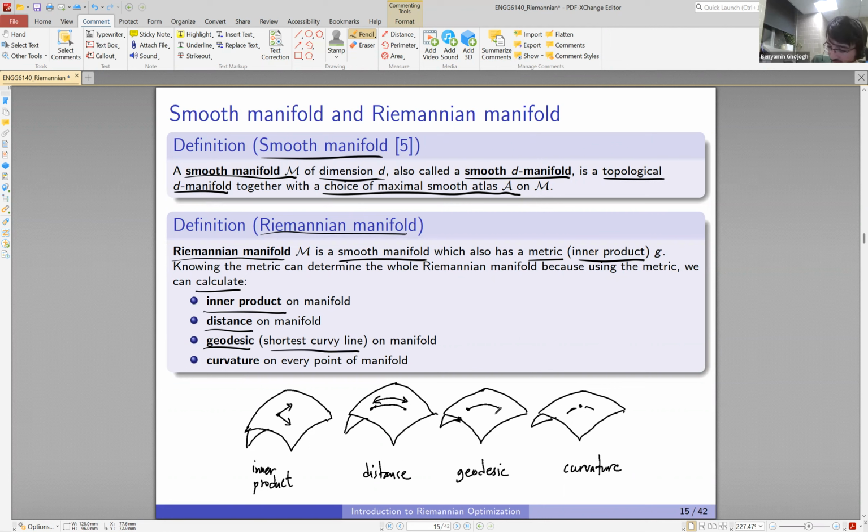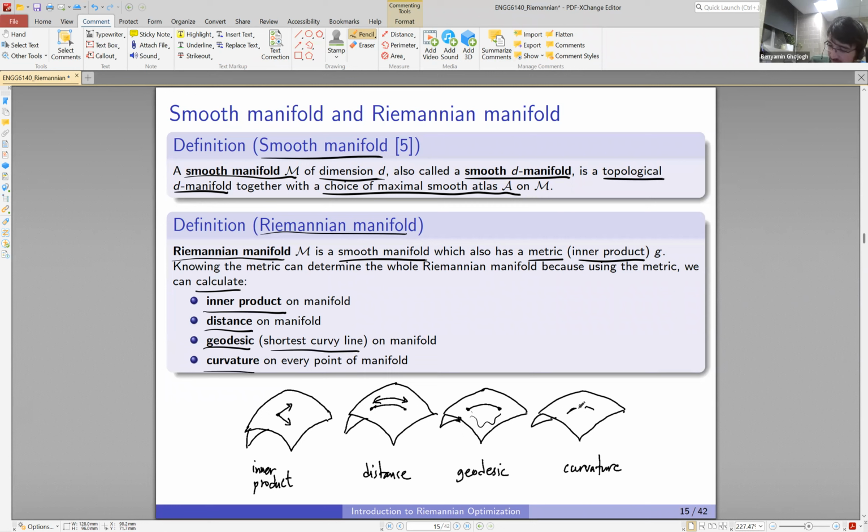Because you can come from this point to this point along the manifold in this way too. Assume the manifold's curvature is like this. However, there might be another path on the manifold from this to this, which is shorter than this. So you take this as a geodesic. And the Riemannian distance is the length of the geodesic between 2 points, right?